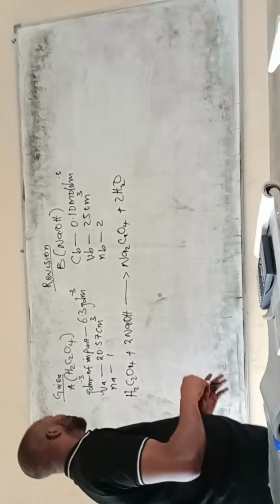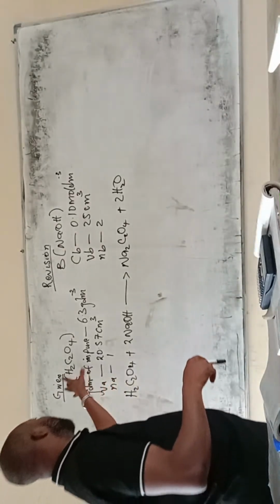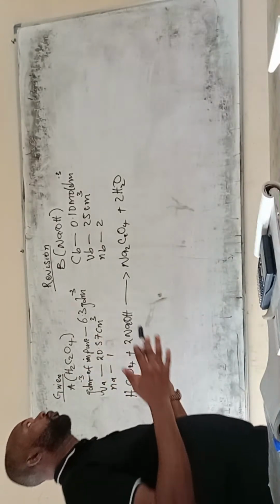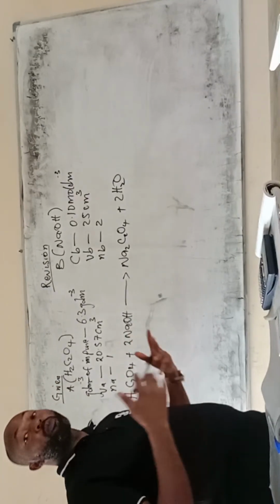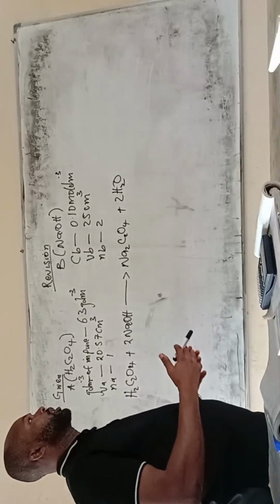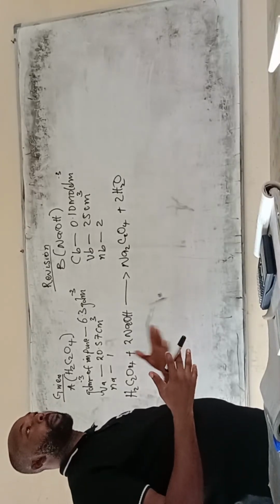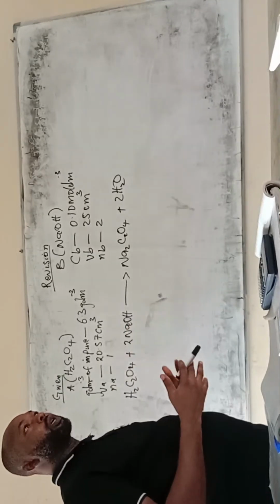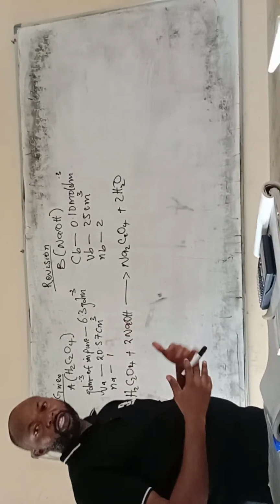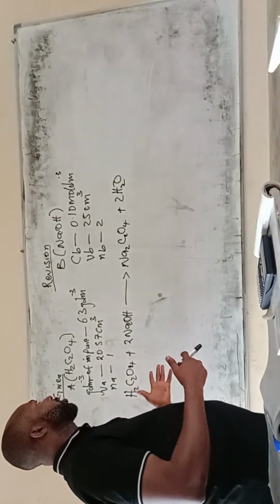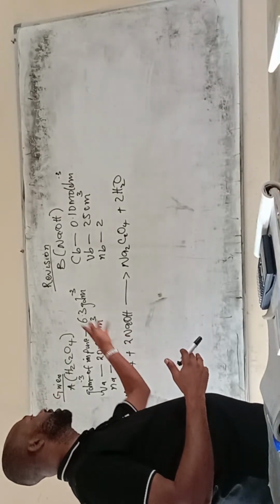Now, how do we calculate the concentration of A in mol/dm³? Remember, we have three formulas which you can use to calculate the molar concentration. We say that molar concentration equals amount over volume, and the same molar concentration is mass concentration over relative molecular mass, and the same molar concentration can be gotten by using the CAVA formula.